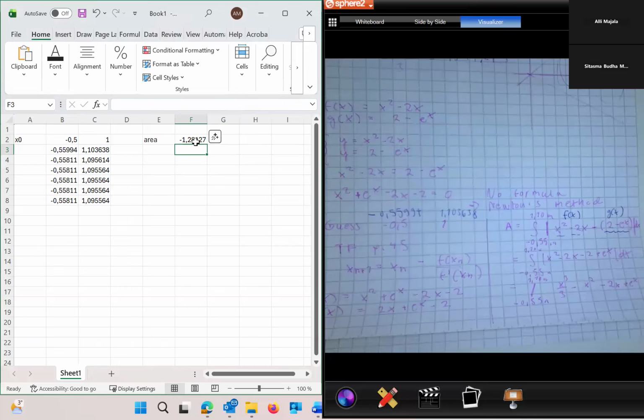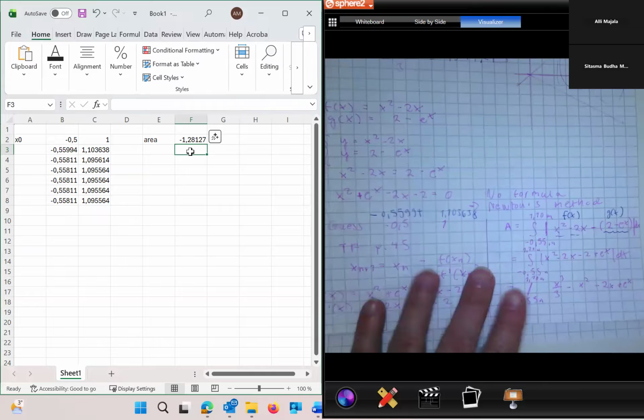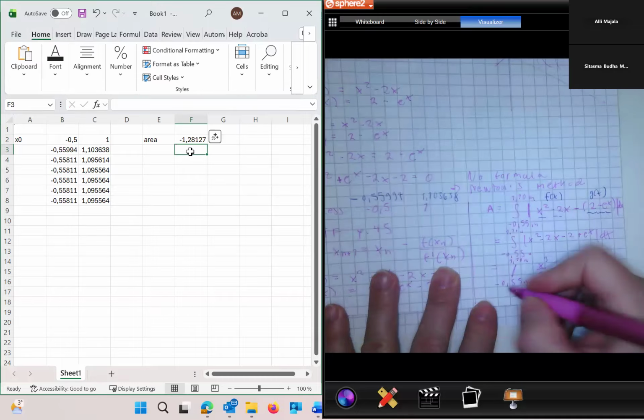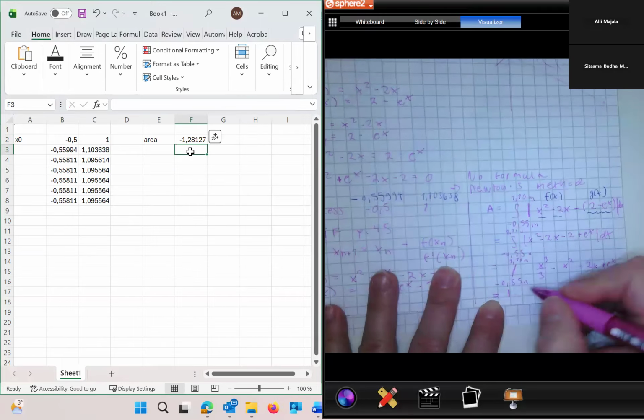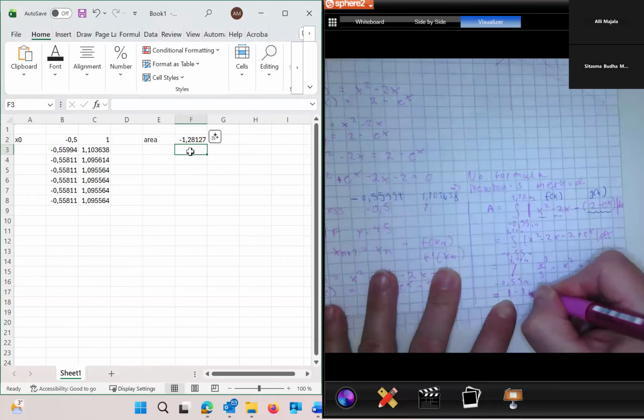So obviously I had them in the wrong order, but I can always kill the minus. That's my area, but I need the absolute value of that. So let's pretend I calculated it with Excel because it made sense. Otherwise, it would have been really frustrating.